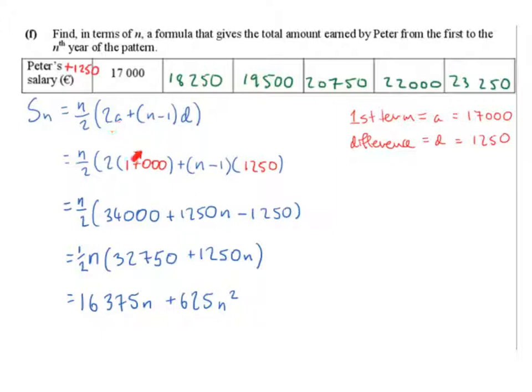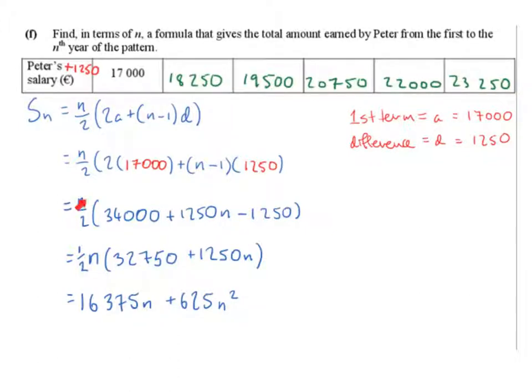So we swap the a for 17,000, but we must put brackets around it because we're multiplying. Then we bring down the plus, the bracket, the n minus 1, the other bracket, and then we swap the d for 1,250. That was the difference.